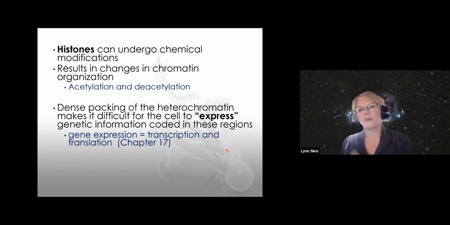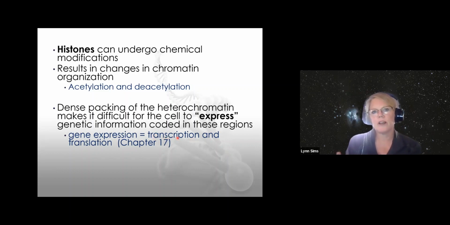In order to perform transcription, the region needs to not be tightly packed. So if there's a gene that needs to be expressed, let's say the cell needs to make a particular protein, that area of the gene will be modified. The chromatin will be reorganized so that it will be loosely packed and can be used to make the RNA, which will eventually make the protein.